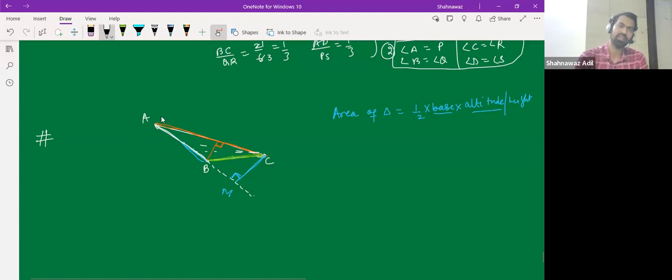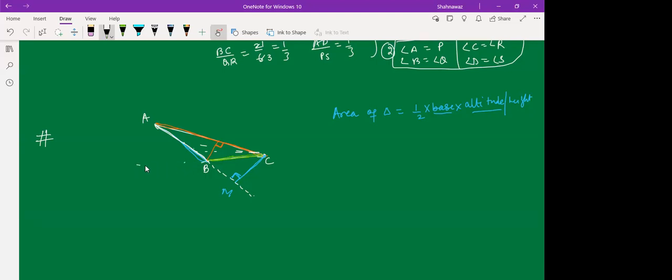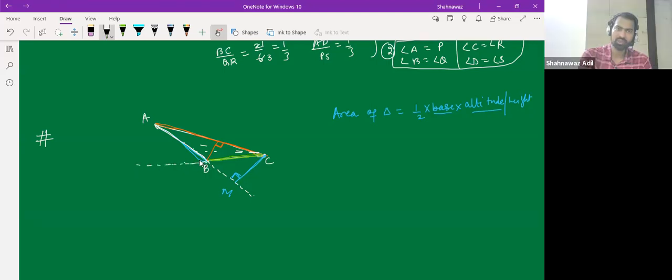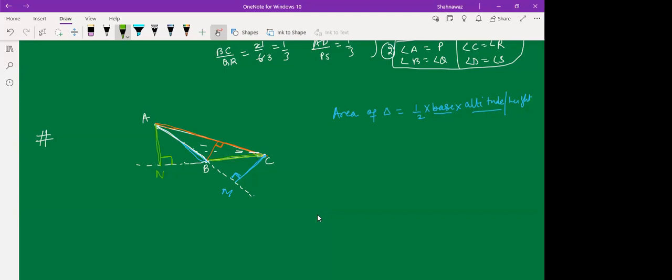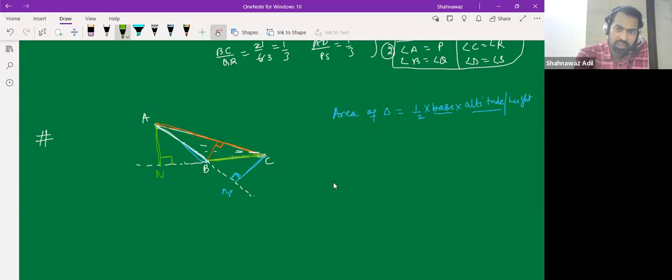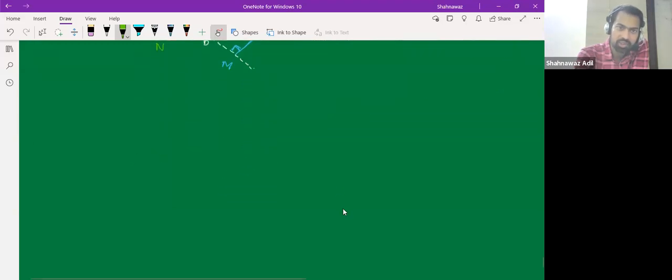So again we need to extend BC, and then we can draw the perpendicular. So this was the preliminary concept that I wanted to discuss. Is this clear to you?